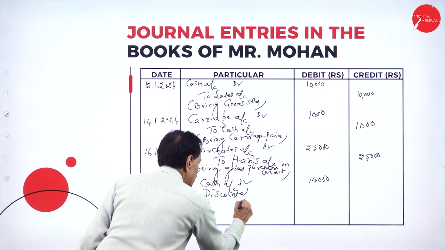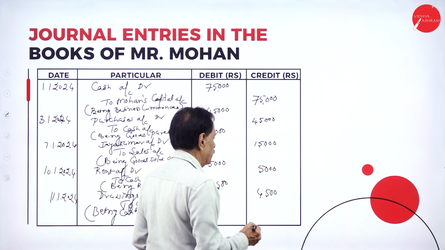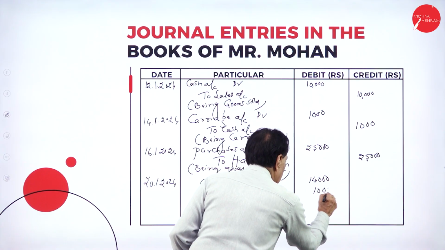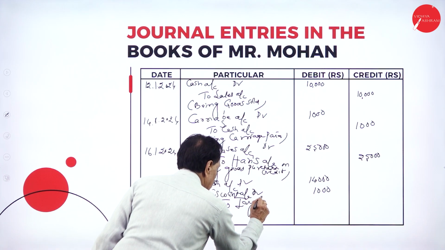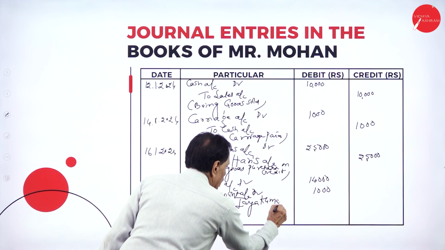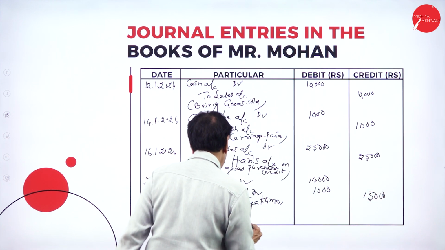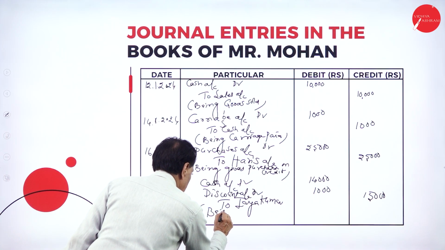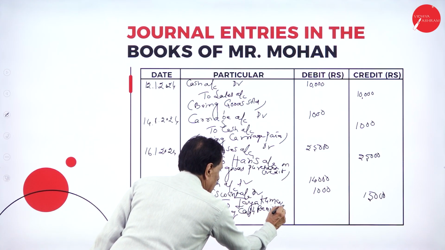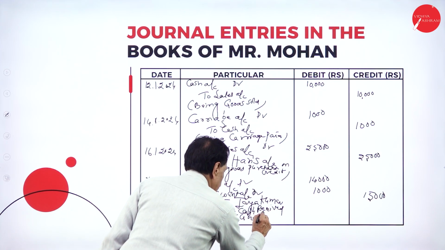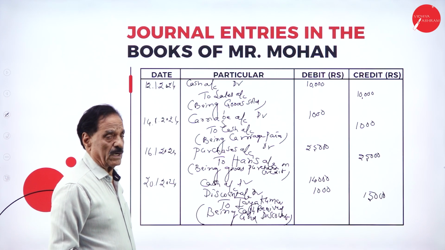We allowed a discount, discount allowed, 1,000. From whom? To Jayakumar, totally 15,000. Being cash received and discount.